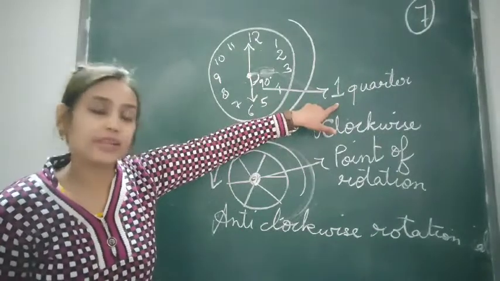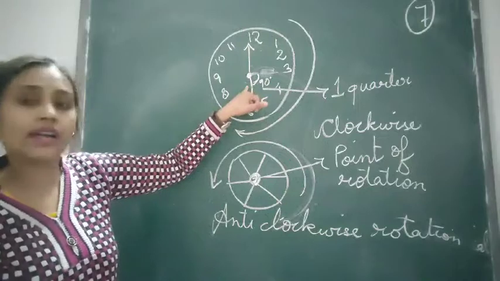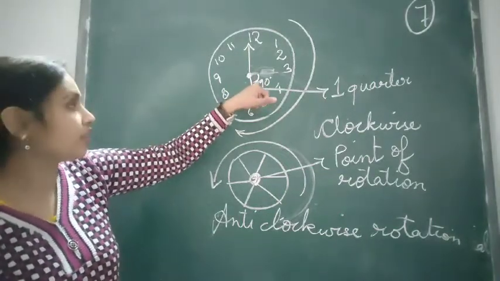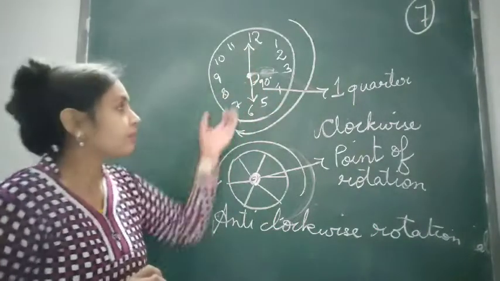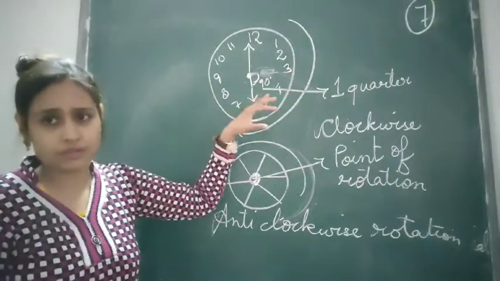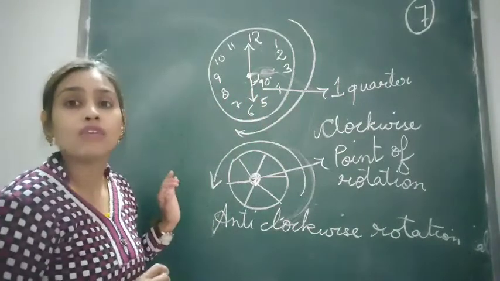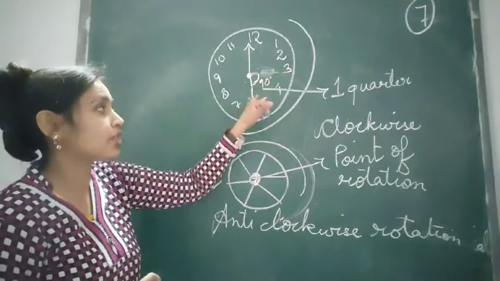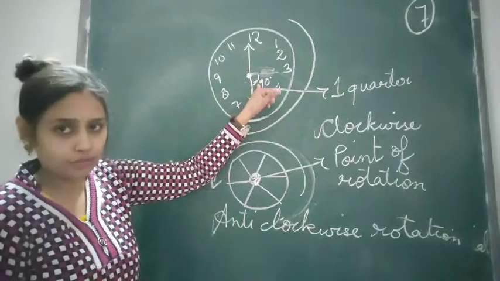Correct? And this 1 quarter, or the angle through which anything rotates, is known as the angle of rotation. Like here, the hour hand is moving from 3 to 6 by 90 degrees, so 90 degrees is the angle of rotation.